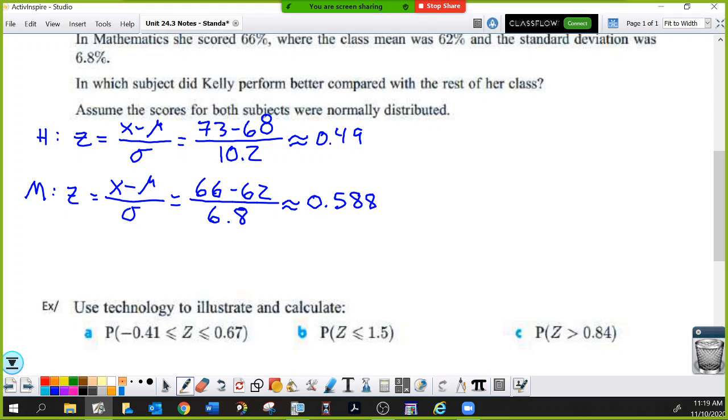So what do we say? We say Kelly's results in math were better compared to her classmates because she is further above the mean. Kelly's results in math are better compared to her classmates because she is further above the mean.